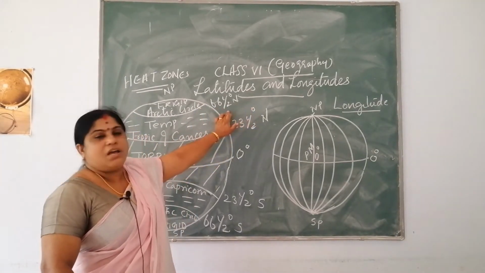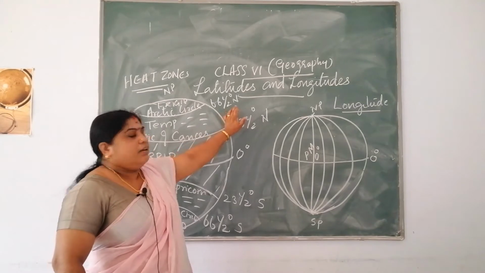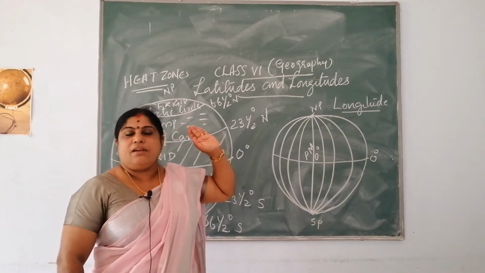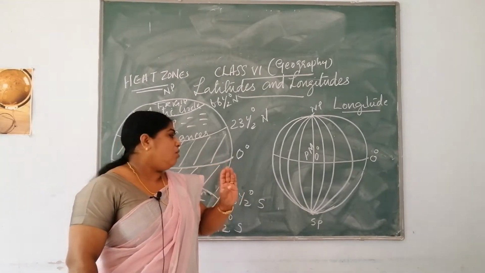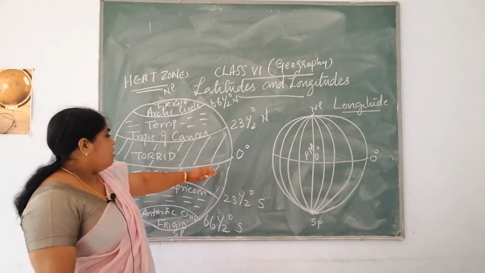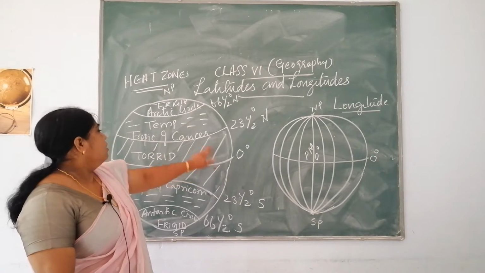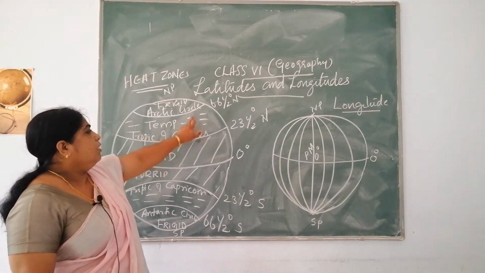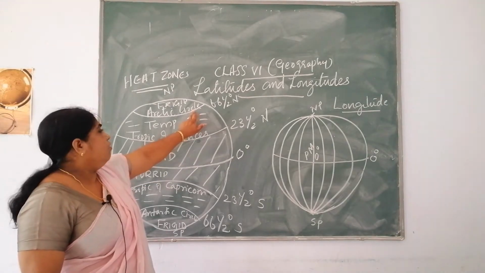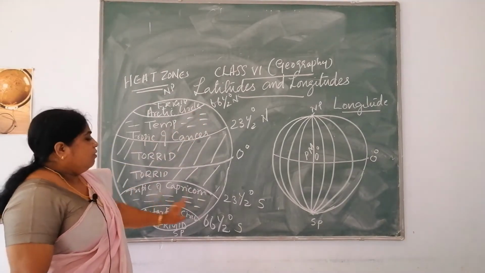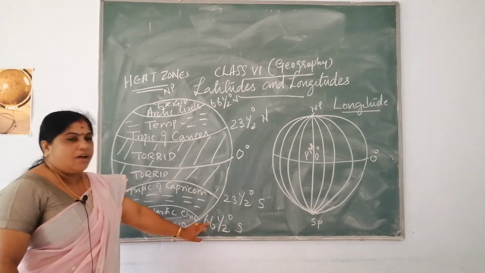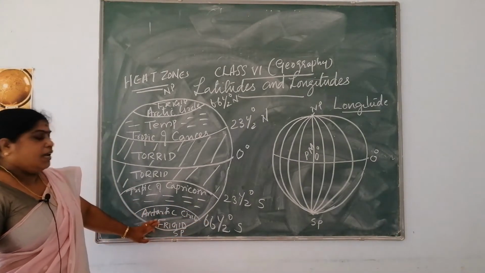In the last class, you already learned what latitudes are, and you also learned the important parallels of latitudes. There are four important parallels: 0 degree Equator, 23.5 degrees north Tropic of Cancer, 66.5 degrees north Arctic Circle, 23.5 degrees south Tropic of Capricorn, and 66.5 degrees south Antarctic Circle.